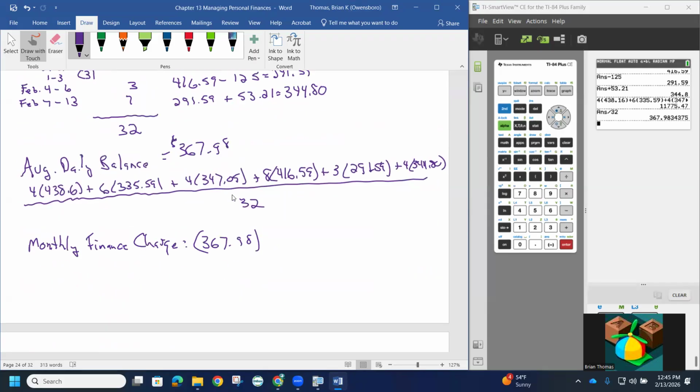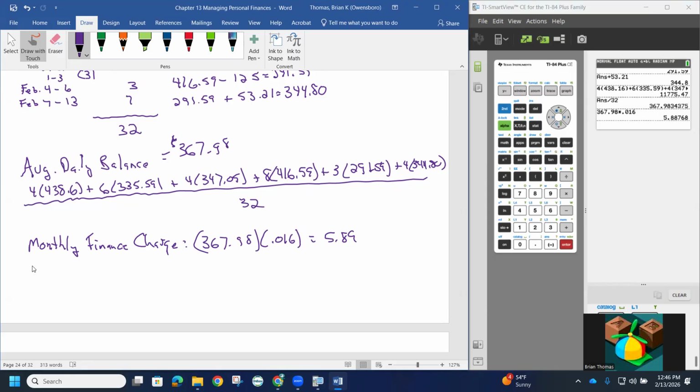So we get to use that 0.016 again. If I multiply this 367.98 by the finance charge of 1.6% per month, so 0.016, that tells me what my finance charge is over that period of time. So $5.89, because that third decimal place is a 7, which means that it got turned into a 9.